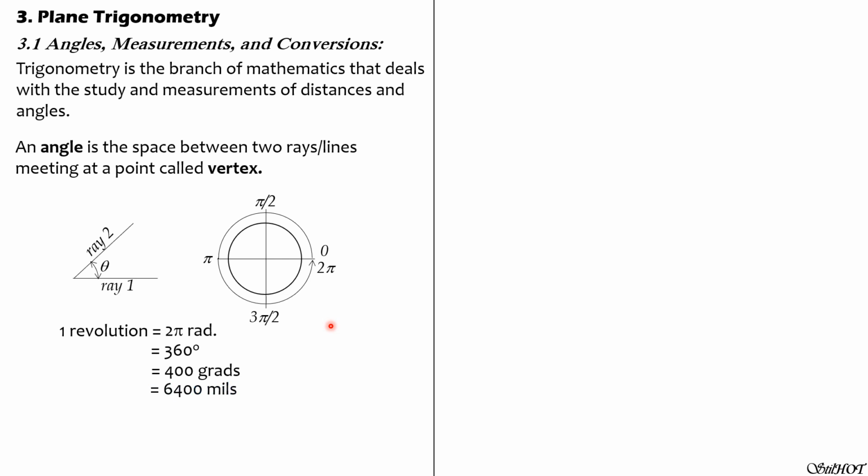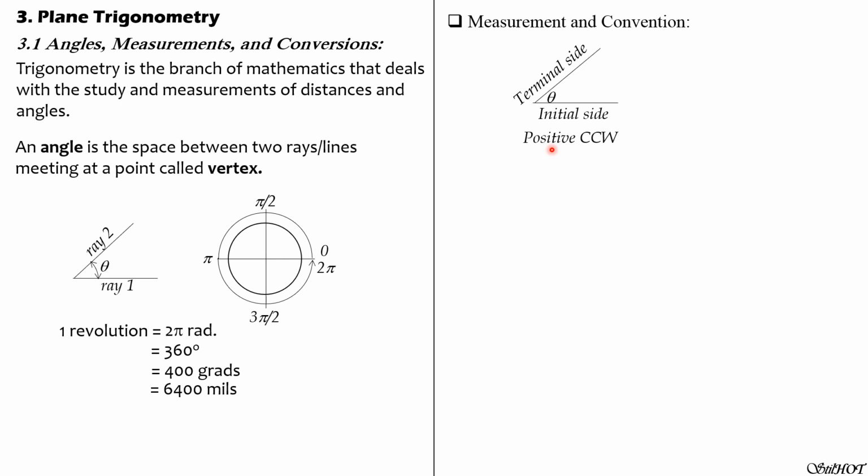Then measurements and convention. The angle is measured from the initial side and it terminates at the terminal side, and the angular spacing theta is positive counterclockwise. Likewise, if the angle is measured clockwise as shown, it is negative.